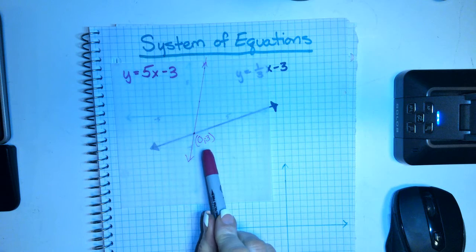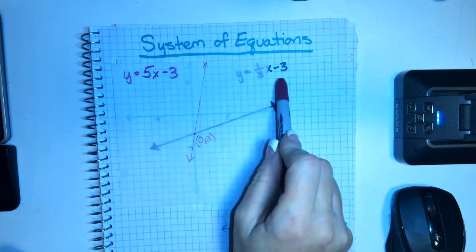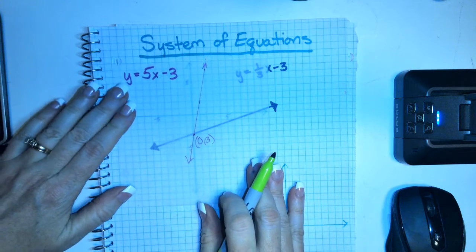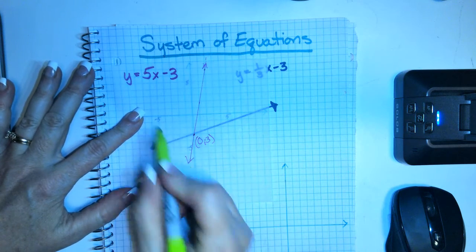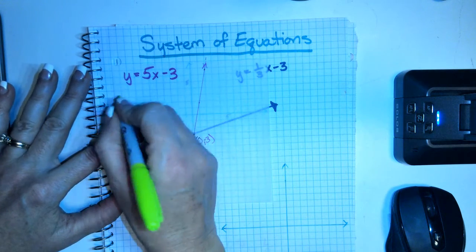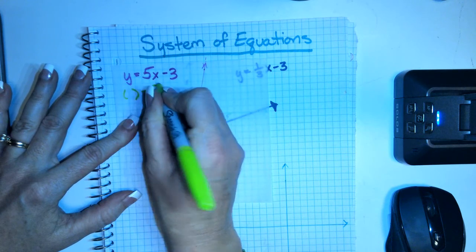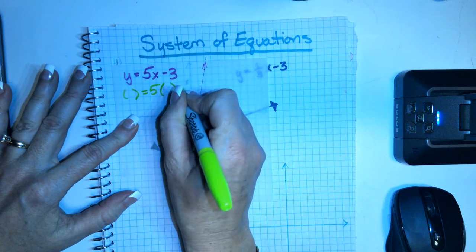This is the point that makes both of these equations true. And if I'm going to say that's the point that makes both equations true, I kind of need to really prove that that's the case. So always, whenever we're solving systems of equations, we're going to do a check. So I'm going to have my y equals 5 times x minus 3.